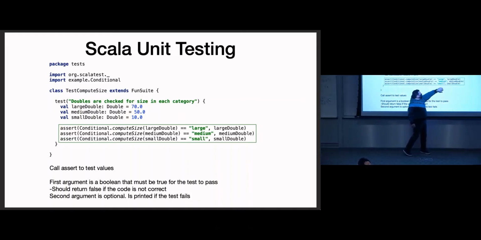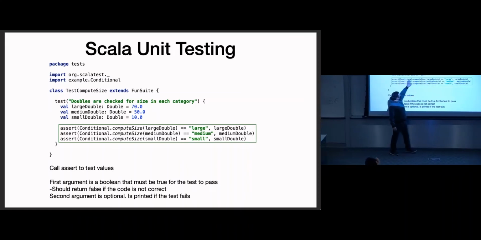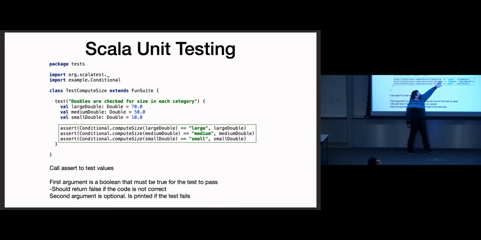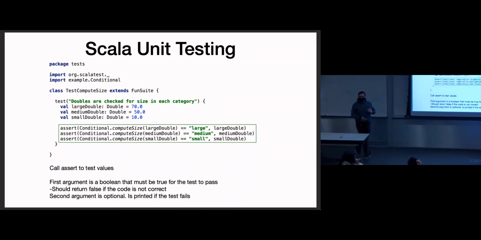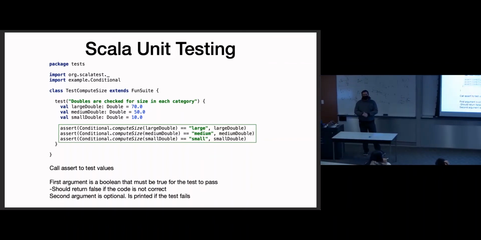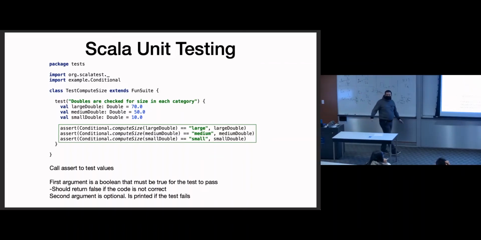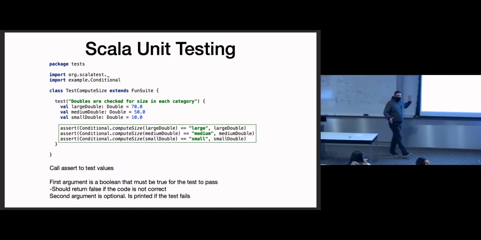So my Boolean expression is: what my method returned on 70, is it equal to large? If that's true, then that code passes that test case. If that's false, if that method returns anything other than the string large, this test case fails, the test suite fails, and you get red X's all over your IntelliJ.